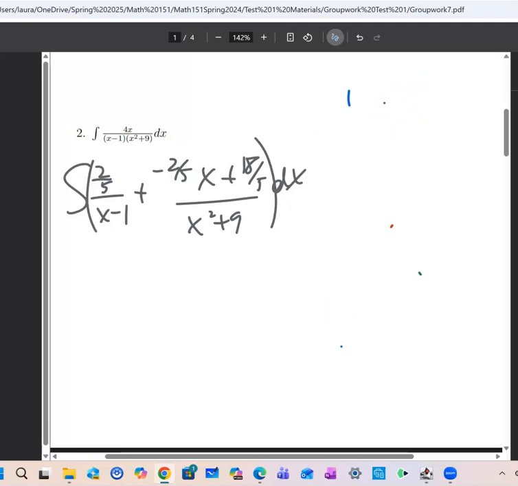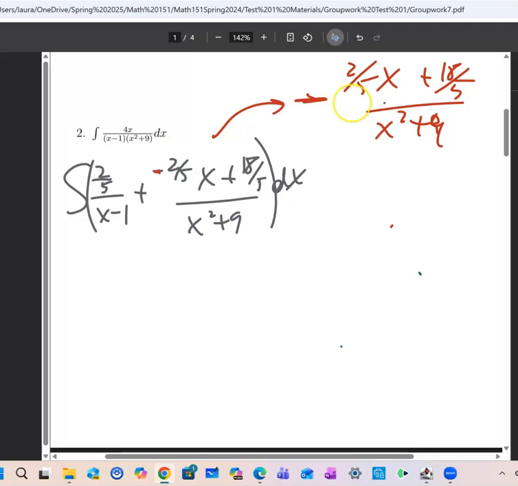It would be so easy, you can put it in red, it would be so easy to say, oh, I'll take that negative sign and put it in front, and then do this, plus 18 over 5, and then x squared plus 9, plus 9. That would be incorrect. So this negative is just on the 2/5. By putting it out front, you're saying that it goes to both of them.